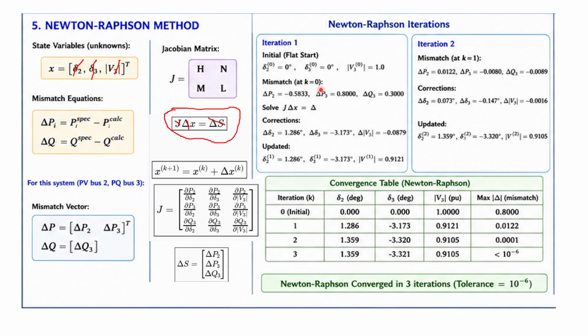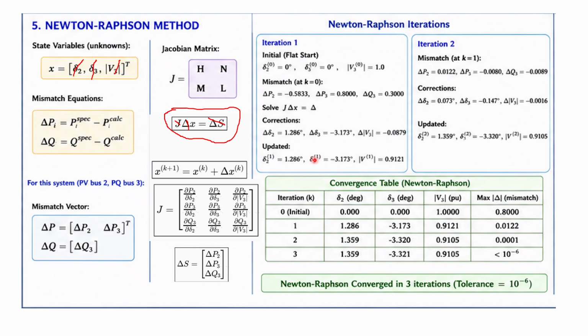So initially we have a flat start for this state variable, but we obtain the correction factor by using this equation, and after this iteration, a new state variable will be obtained by adding the initial estimated value with the change in state variable. So again, we will calculate the mismatch.